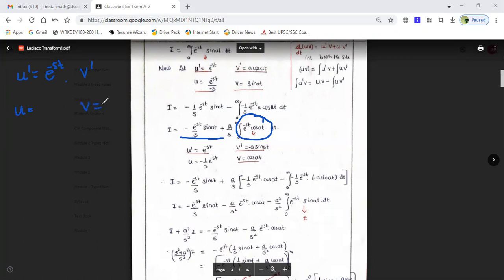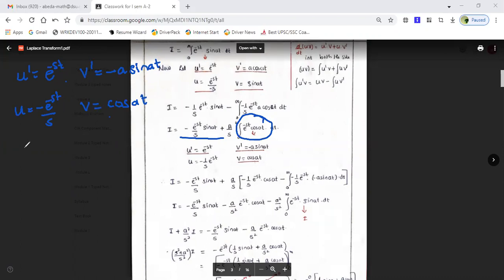What is my v here? Cos at. Now integrating this, it is e to the power minus st upon s, because u will be obtained by integrating it, and v dash. So this is cos at, which means v dash will be minus a sine at. So this is how we have got now u dash, v dash, u and v.